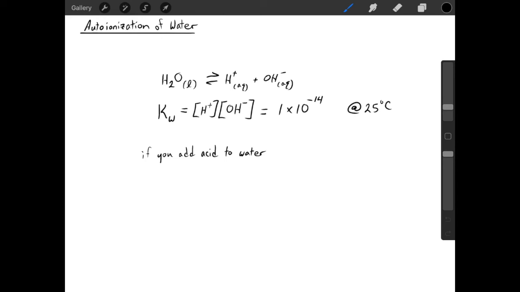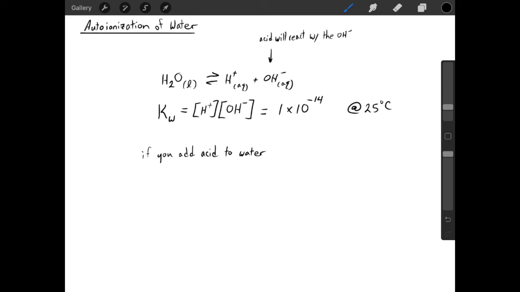If you add an acid to water, think about what happens. Inside any neutral sample of water, you have liquid water, and you have a small amount of H plus ion and OH minus ion. If you add acid to water, you're going to use up some of the OH minus ions, because they will react with the incoming H plus. And if you use up some of that hydroxide ion, its concentration goes down.